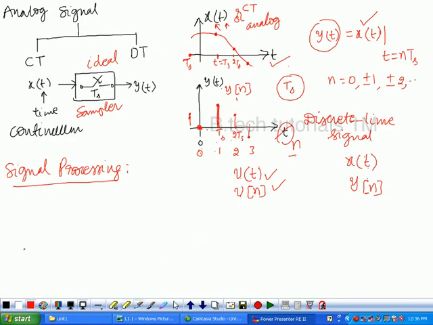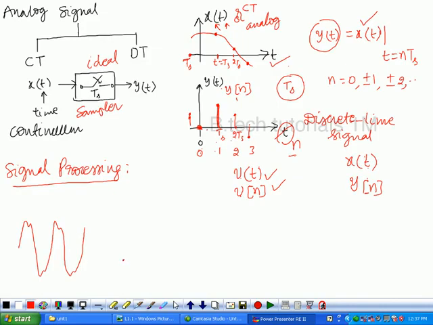Take for example, I have a sinusoid. It is a sinusoidal signal, but contaminated with noise.